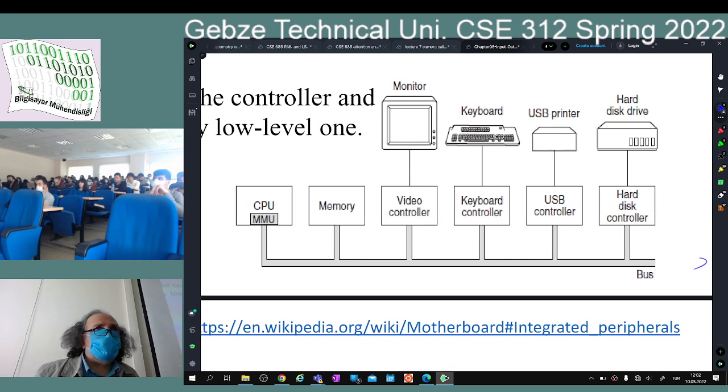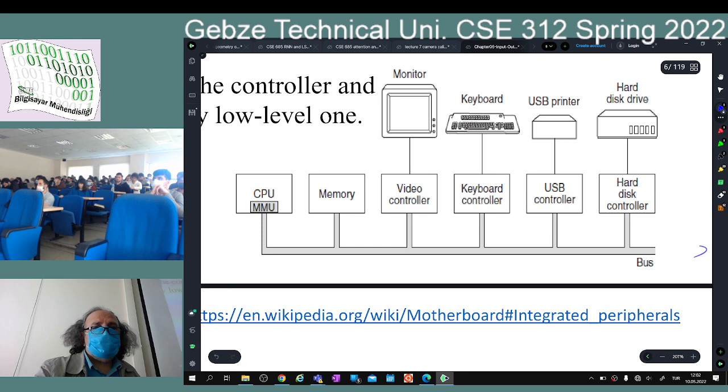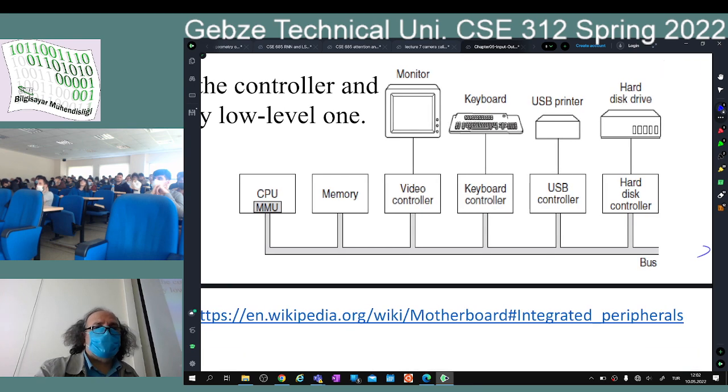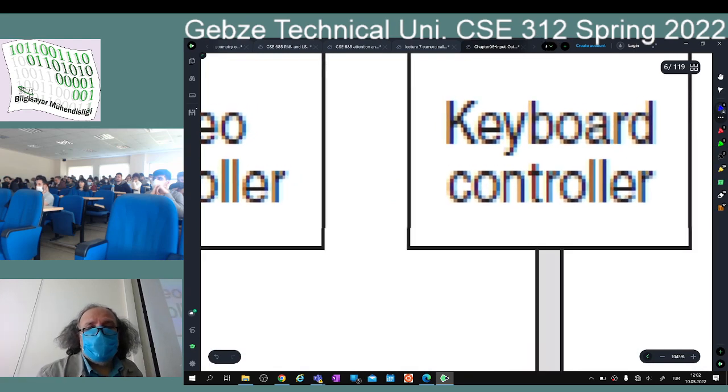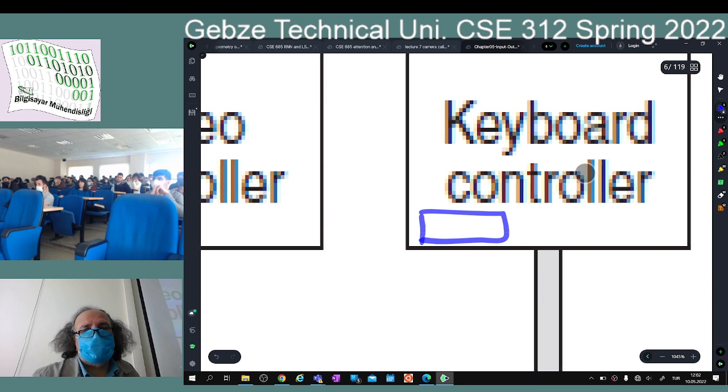For the system to communicate with these controllers, say I need to read the next character from this keyboard. The keyboard controller is responsible for getting the pressed key and putting the code of that key in a special register inside the controller.